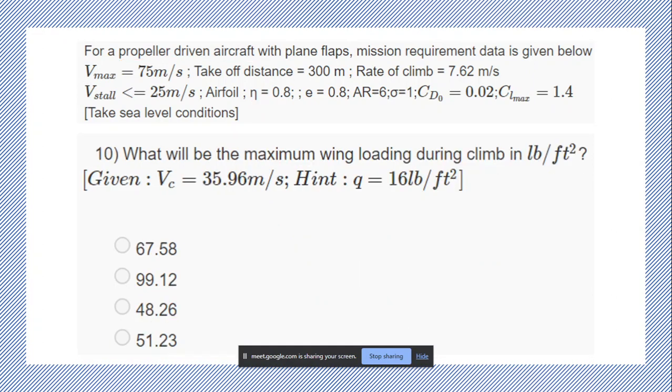Next, what will be wing loading during climb? Again, ignore this unit. It will be meter. It will be Newton per meter square. Take metric units. What will be the maximum wing loading during climb?